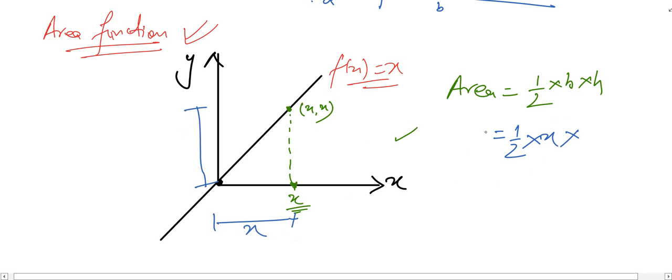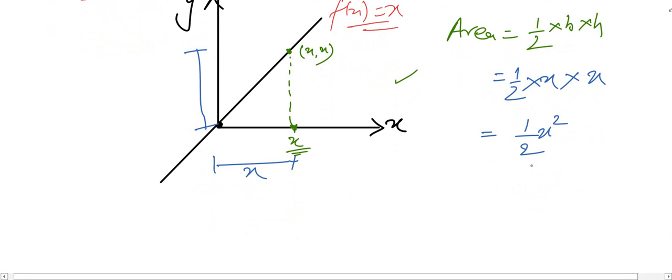Height is again x. So we are having half x square. Now if we try to analyze this as a function, then we can write it as A(x). This is nothing but a function which is giving the area, and which is a function of x.